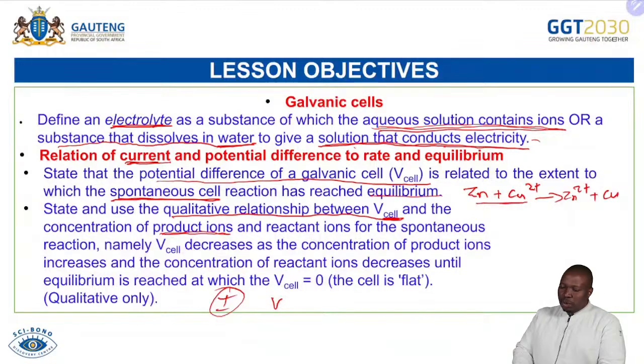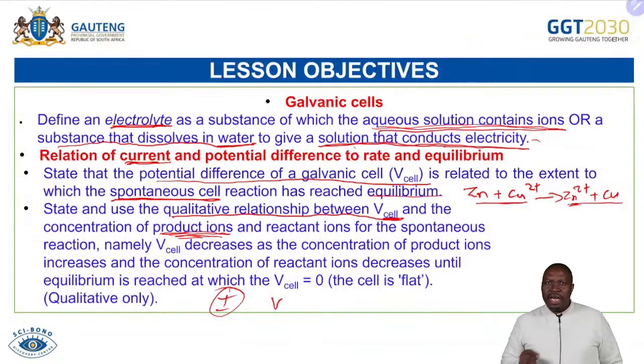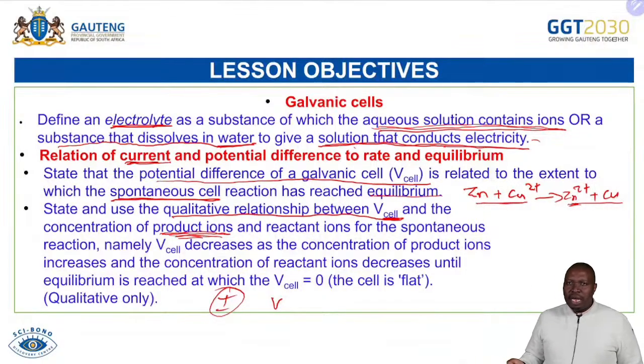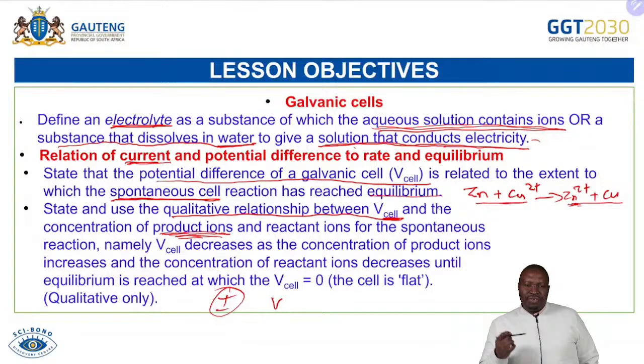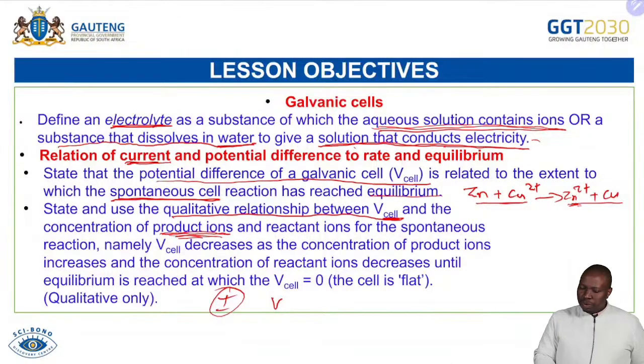In our products, we're having zinc 2 plus and copper. So this statement is saying if we increase the concentration of the product ions, so when we increase zinc 2 plus, for example, on the product, you know what happens. If we are at equilibrium, the equilibrium will be disturbed. What happens is that when we increase the concentration of the product ions, the reverse reaction is favored. If the reverse reaction is favored, you know the V of the cell will decrease, which is what we are saying here.